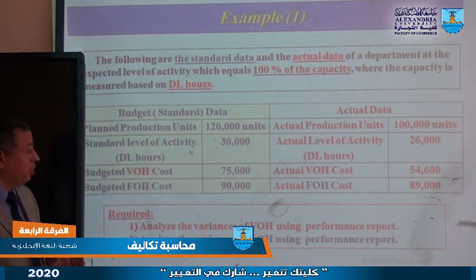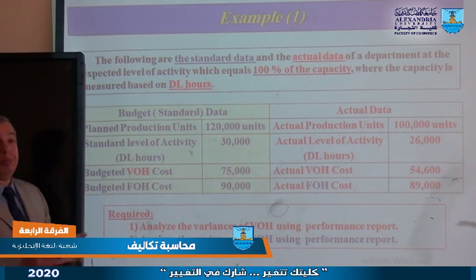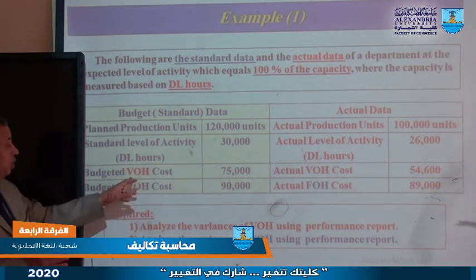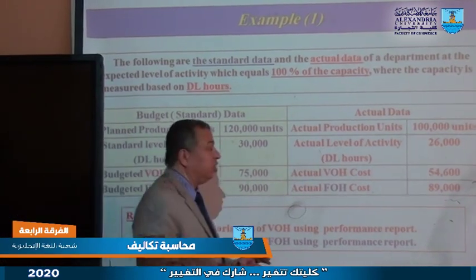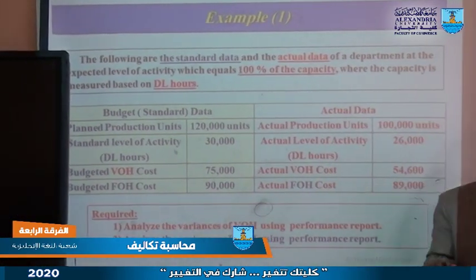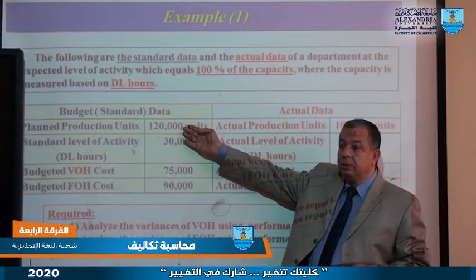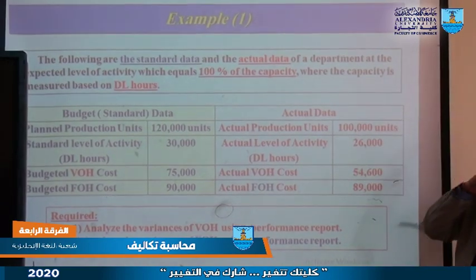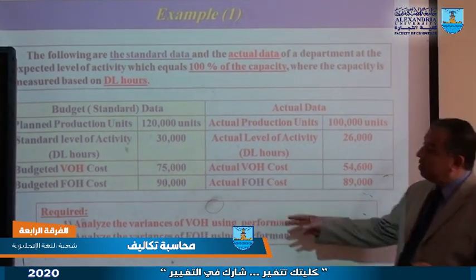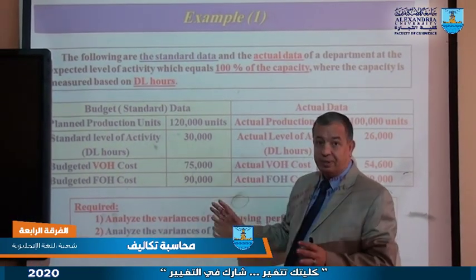So I told you, I will analyze each one separately. I begin with the first one, variable overhead. This is standard, and this is what might actually happen during the month or during the period. Okay, my plan and my actual production units, 100,000. These amounts, again, don't forget, relate to the budget.